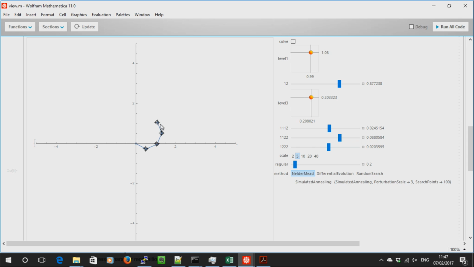The others also move. This level 2, there's only one number in this compressed representation, and like I said, that's the area between this straight line and the path that I've been given. So if I increase that area, you will see that number move to the right.